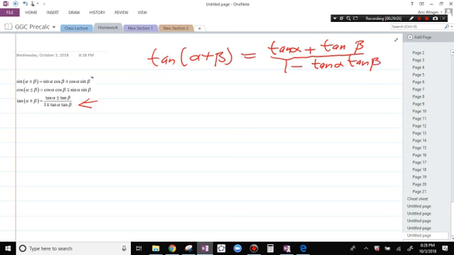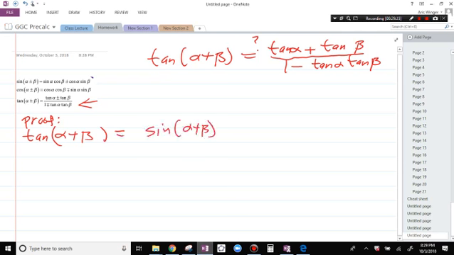The proof of this goes like this, super quickly. Tangent of alpha plus beta, what's tangent? Sine over cosine. And we conveniently have those two formulas right here.